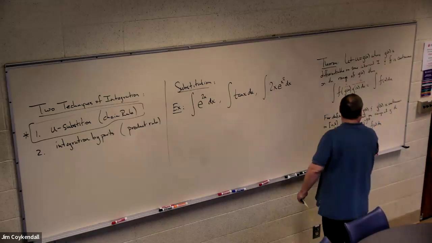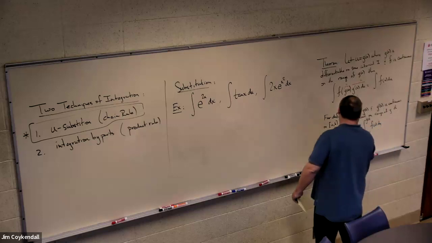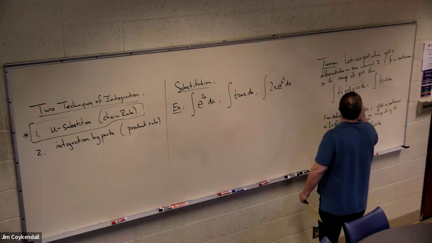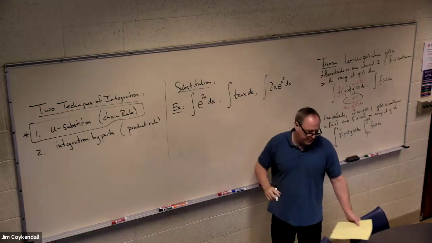So you use that substitution rule to get the new endpoints. Instead of a to b, it's now g of a to g of b, where this is your new substitution.